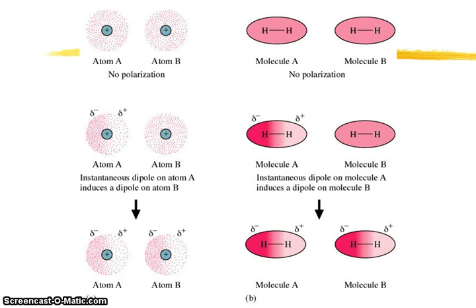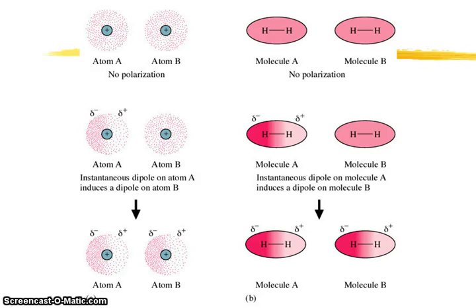So let's look at an example. Let's say that on the left-hand side here, we've got atom A and atom B. And the electrons are distributed pretty much evenly in both of those atoms, so there's no attractive force. But let's say as we move down on the left-hand side, that for an instant in time, the electrons are more collected on the left-hand side of the molecule than the right-hand side.